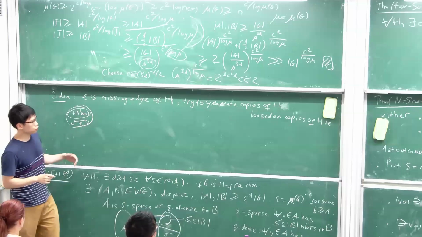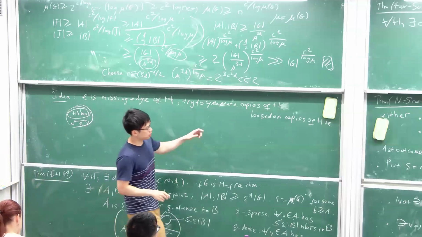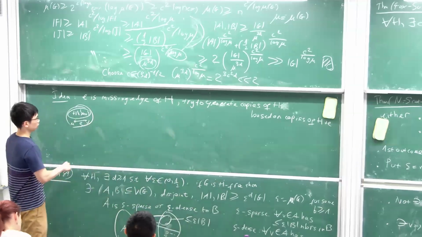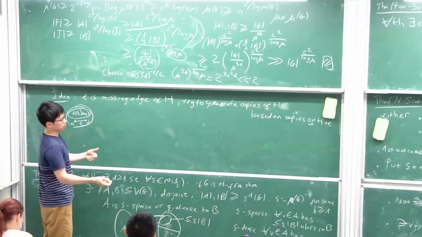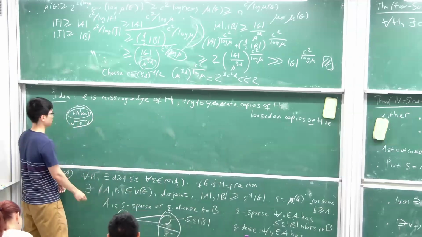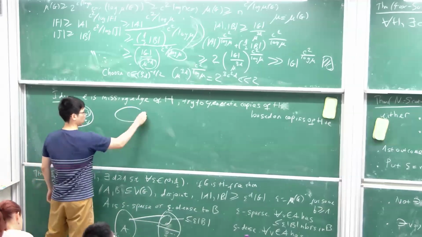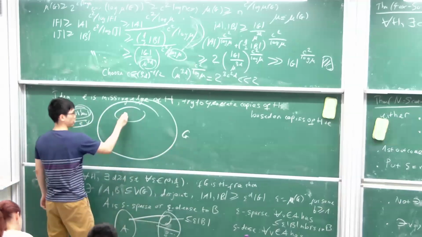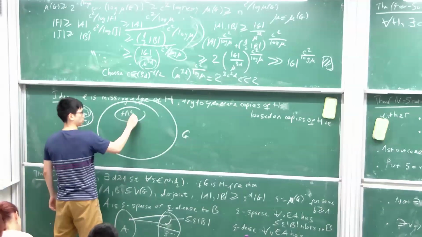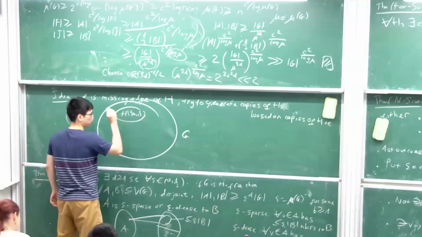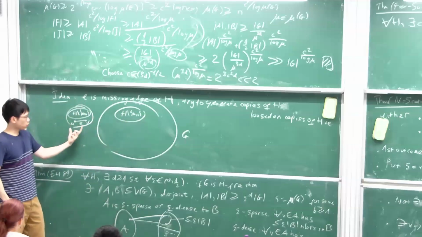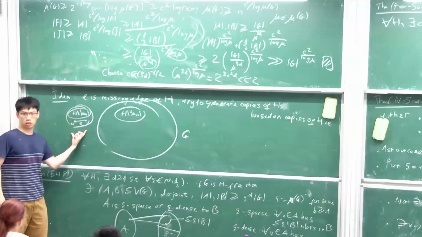So let's assume for a moment that I have many copies of H plus E in G. Just like what we did in the previous proof, this is a big graph G. There has to be a fixed copy of H minus UV, which can be extended in many ways to a full copy of H plus E.